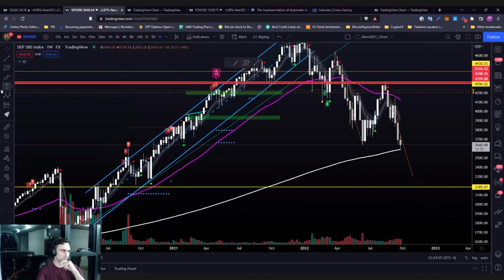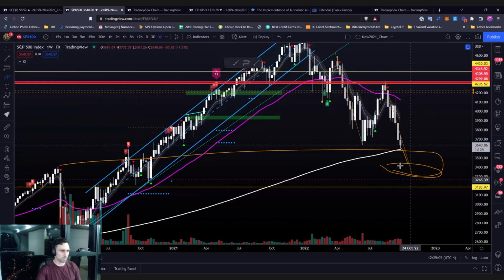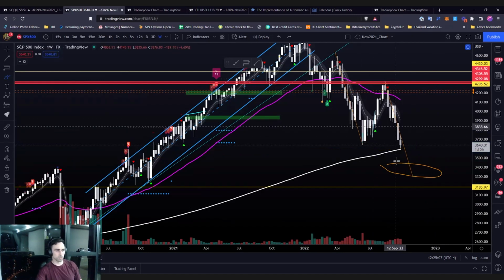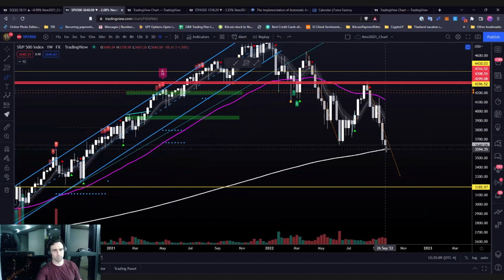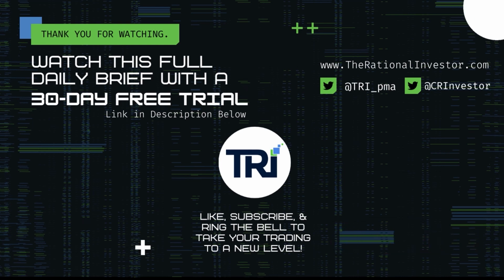So I think in this range is where we could have a bottom, right around here. And maybe we push right through that 200 just to spike down and then up, just to confuse people. Because I bet a lot of people are also looking at this 200 weekly and thinking, okay, that's going to be a major support level.